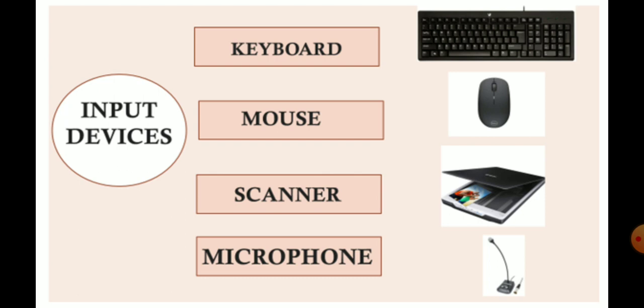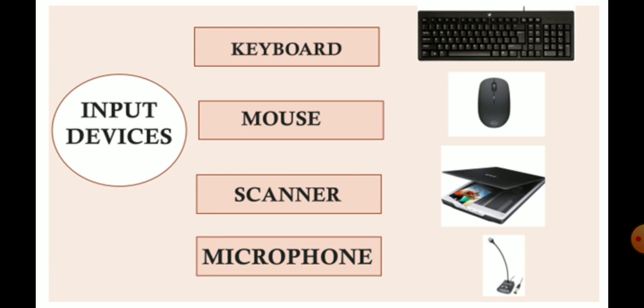Then comes the microphone. Now what is a microphone? A microphone, or a mic, is used to input sound into a computer. It records our voice and other different sounds. For example, if we narrate a story, it gets recorded on the computer using a microphone.